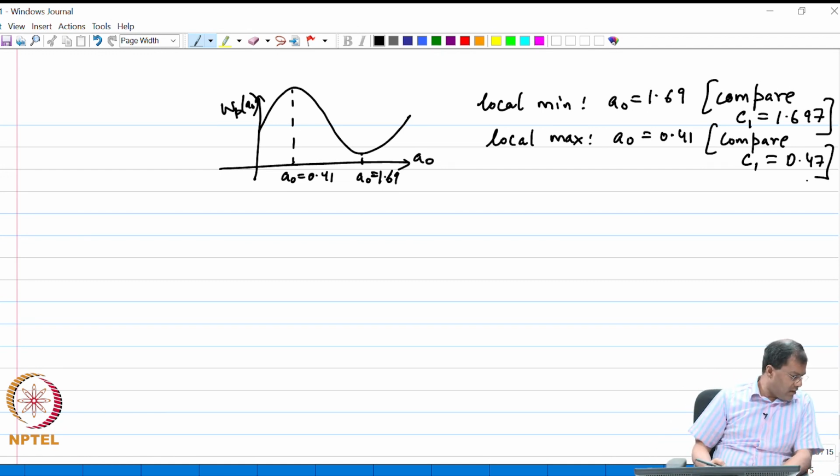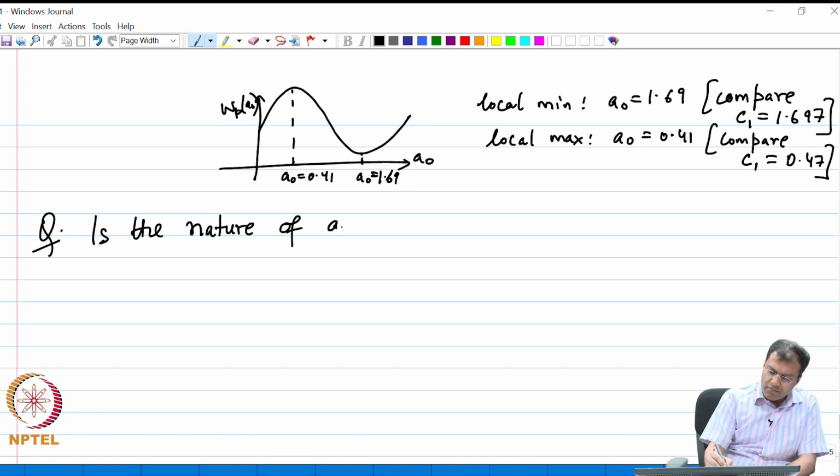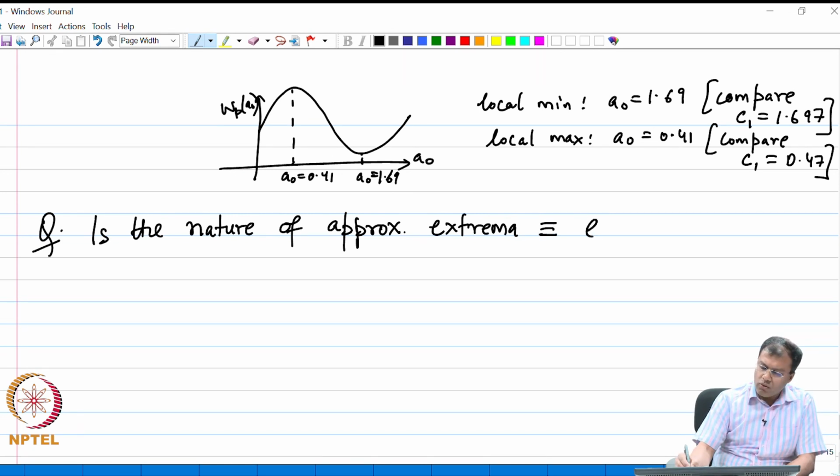So, the question that we have to ask is, when is this case always true? What I am asking is the following: is the nature of the approximate extrema identically equal to the exact extrema?